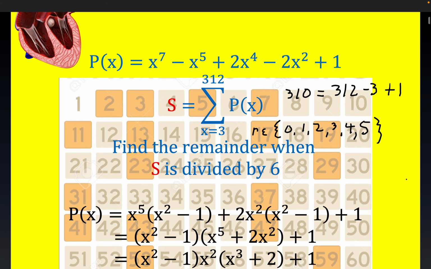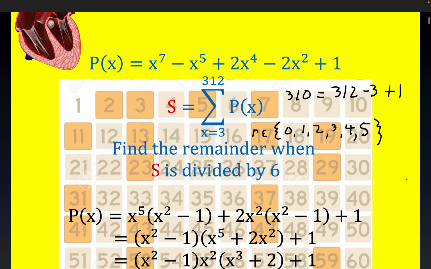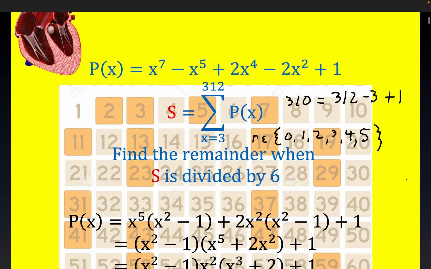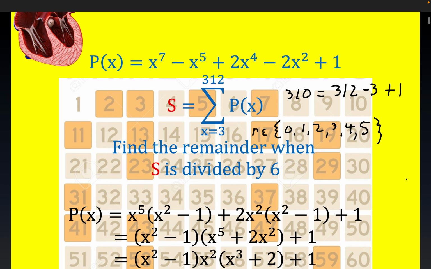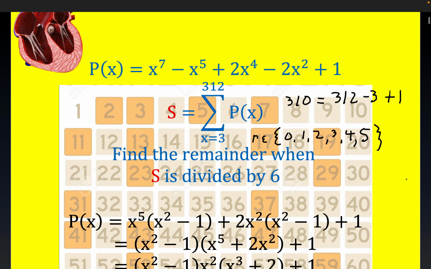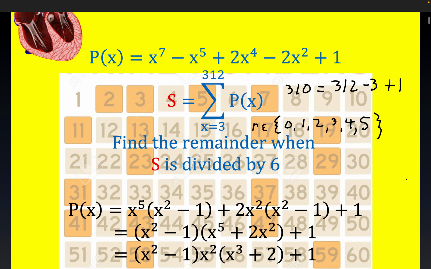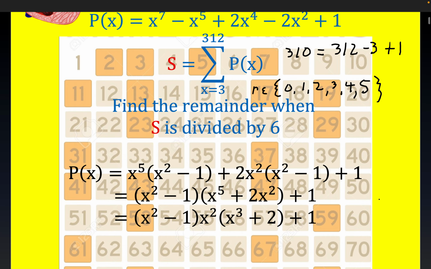Now, a common technique when you're working with polynomials is to factor, and that's the work I've done right down here. I've taken p of x and factored it, and I ended up with this result right here.